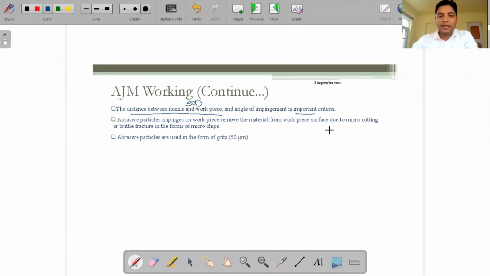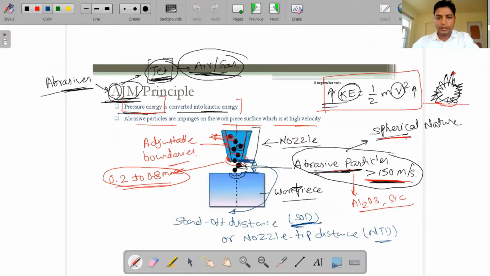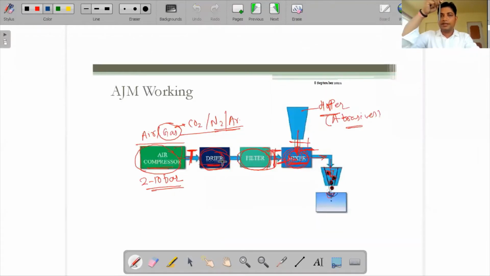So the important criteria here are two. One is the standoff distance, or NTD, nozzle tip distance, and another is the angle of impingement. Here we are using this nozzle like this. If we keep this nozzle like this only, then whatever abrasive particles are coming will impinge over the workpiece surface in straight motion only. Straight motion means we can produce only grooves.